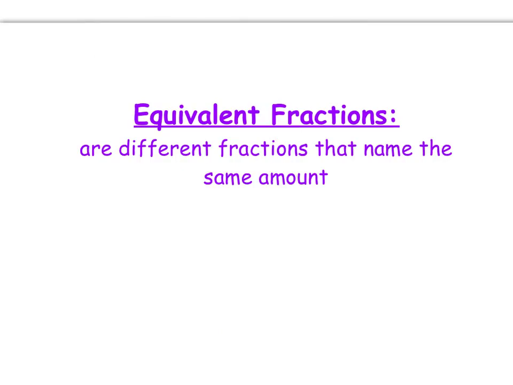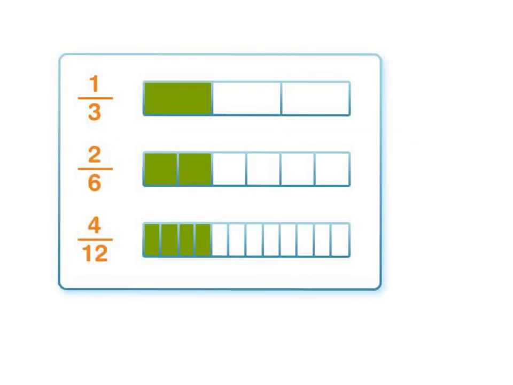We're going to go ahead and take a look at equivalent fractions. Equivalent fractions are different fractions that name the same amount. So let's take a look at some of those. In this example, I see three different fractions: 1/3, 2/6, 4/12. Again, they are all different.